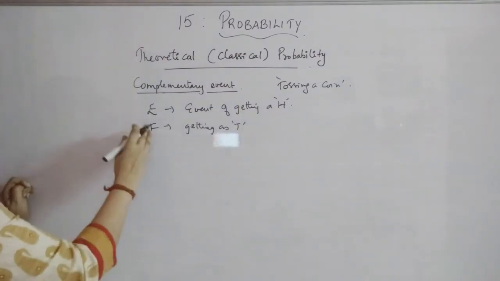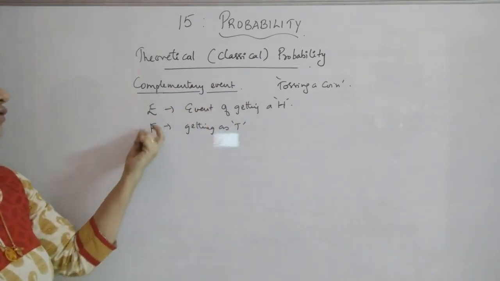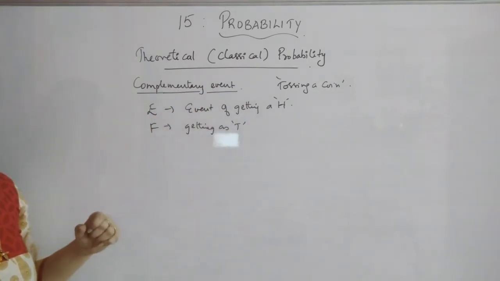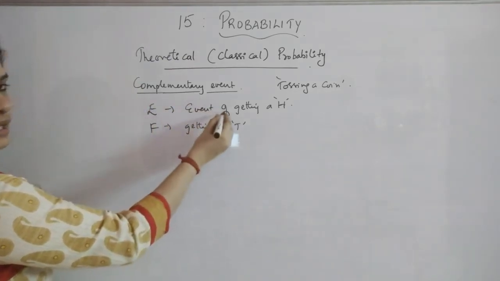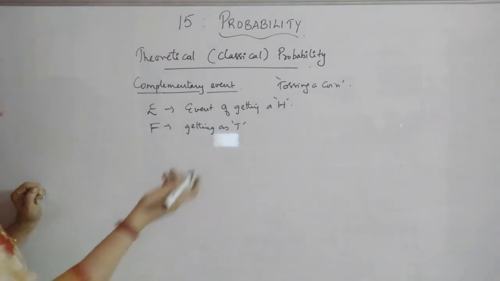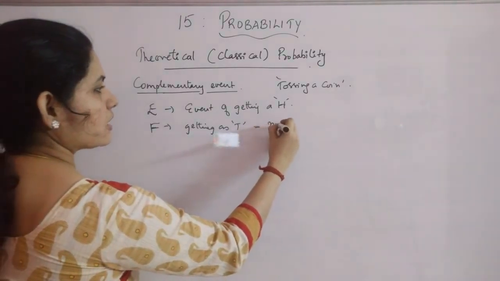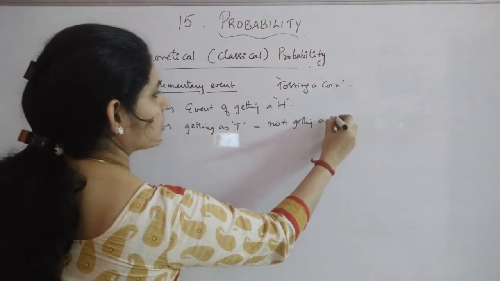So P of E will be the probability of the event of getting a head, and P of F will be denoting the probability of getting a tail.